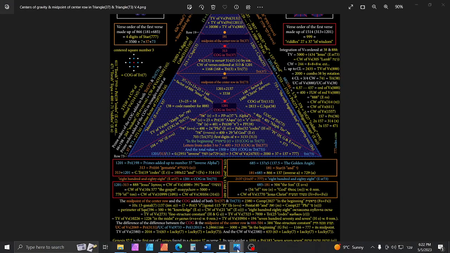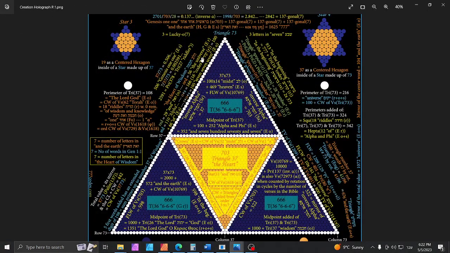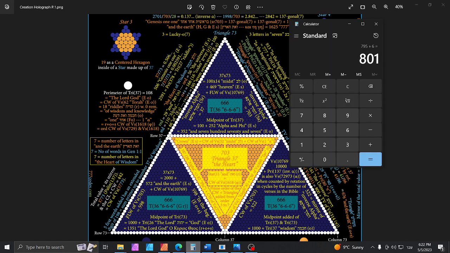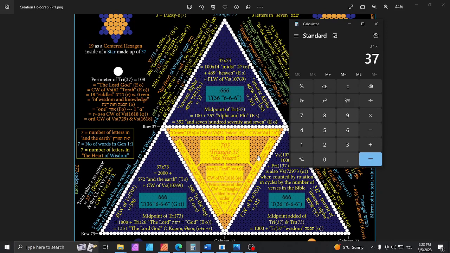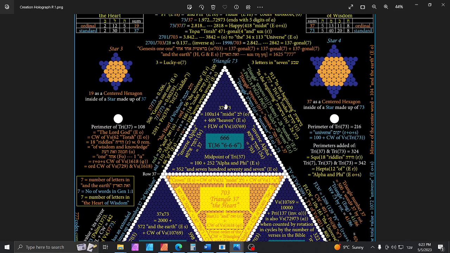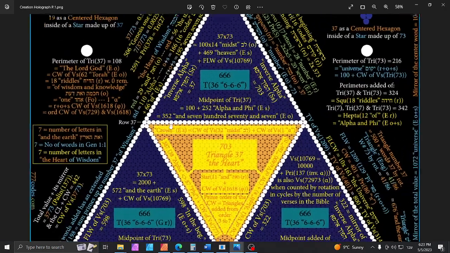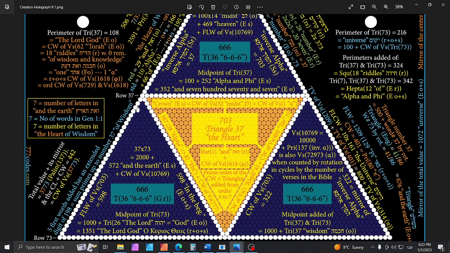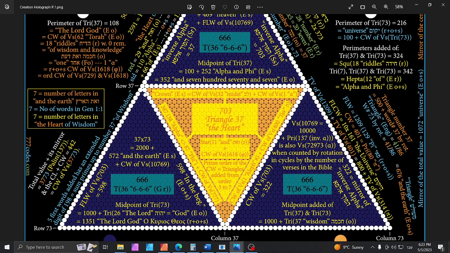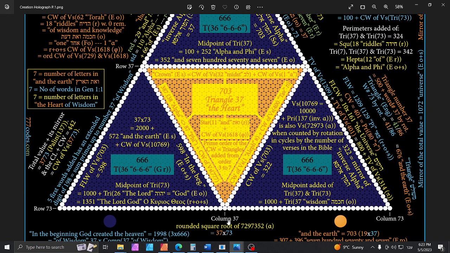And so, did you remember that the 7 words of the first verse equals 2001? That is 37 times 73. Well, 37 times 73 is also triangle number 73. And this triangle number can have triangles 37 in the center of it, starting in row number 37 and ending in column number 37.